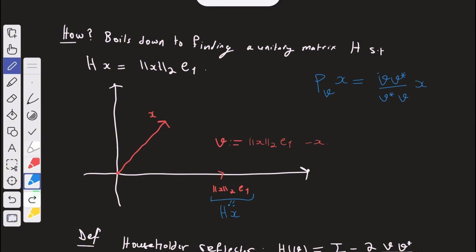You take the outer product of the vector you're projecting on with itself, and then you take the norm of that vector. You notice that this is just the norm of v squared, because it's just the inner product of v with itself. And then you multiply this matrix, because this is an outer product, this is actually a matrix, with the vector x, and doing so, you would project x onto the vector v.